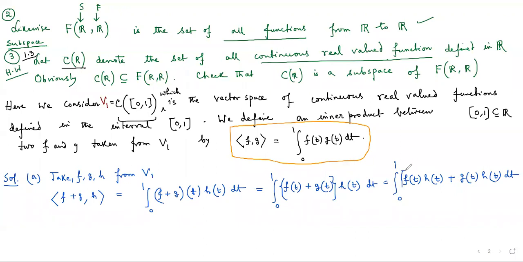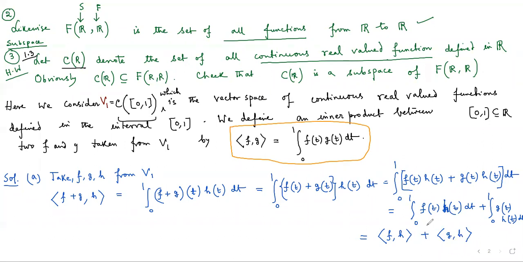And you have probably already figured out in chapter 3 that the definite integral is a linear transformation. So we can separate them: the integral from 0 to 1 of f(t)h(t) dt plus the integral from 0 to 1 of g(t)h(t) dt, which is equal to the inner product of f and h plus the inner product of g and h.